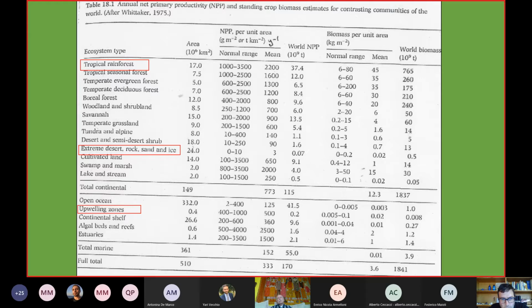And now think of a tree. What fraction of its biomass really does the photosynthetic work? Only the leaves, not the branches, not the main bulk, the trunk of the tree, not the roots, not the flowers, not the fruits. All of these are basically parasitic on the photosynthetic process.